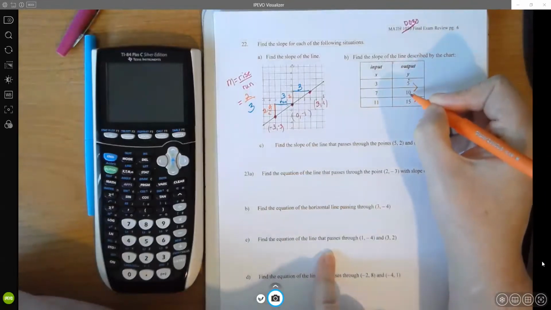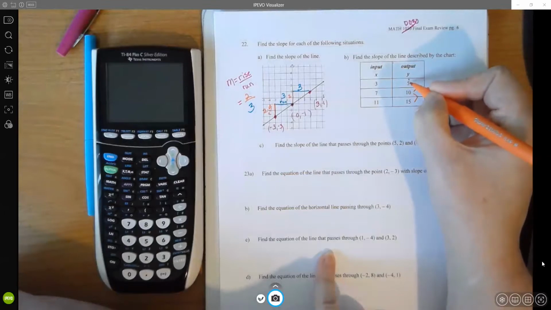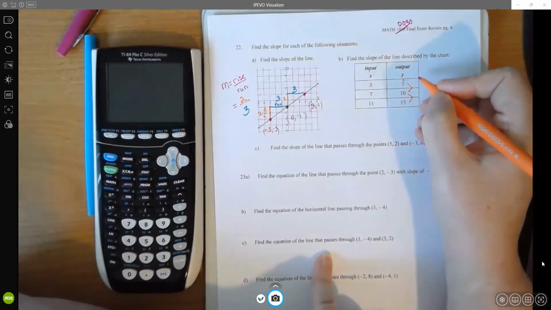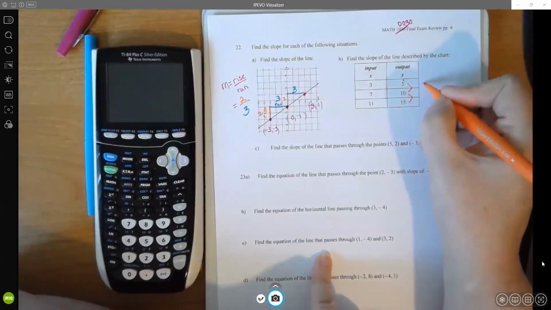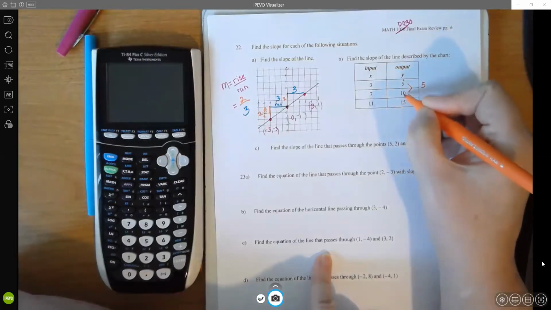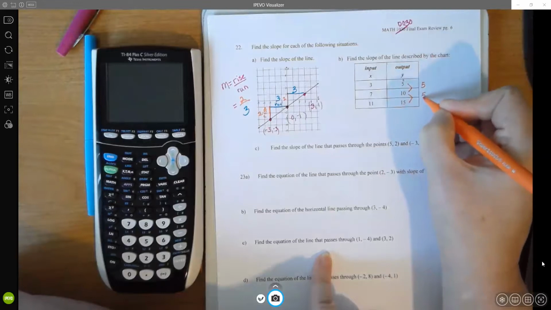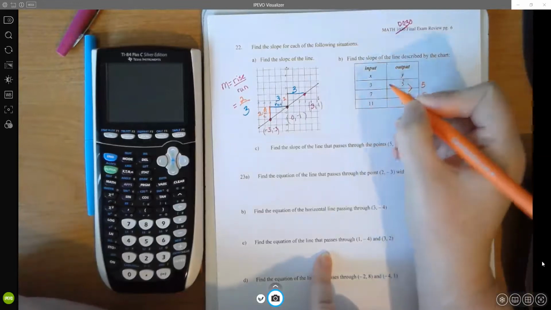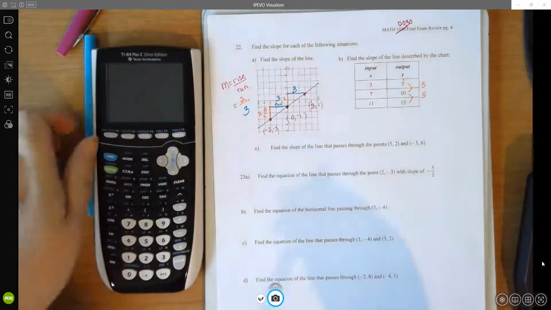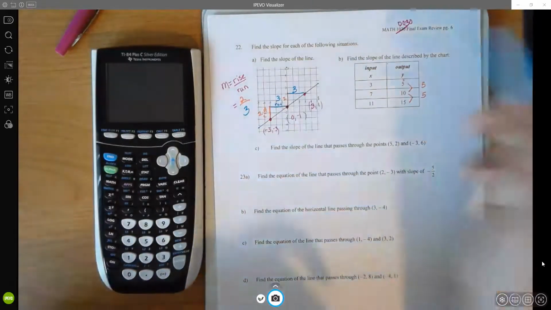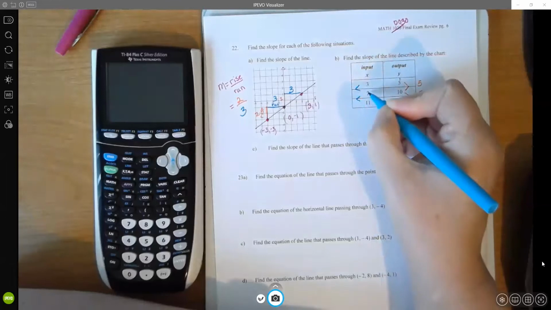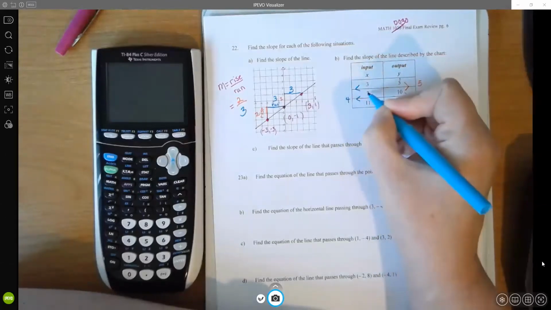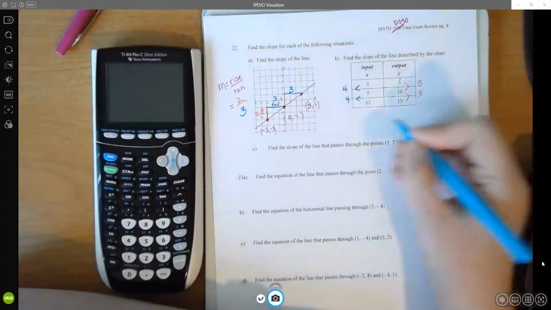I'm always going to find the next minus the previous. That works for some things in the future. 10 minus 5 would be 5. 15 minus 10 would be 5. And then I'm going to do it on the other side as well. And 11 minus 7 is 4. 7 minus 3 is 4.